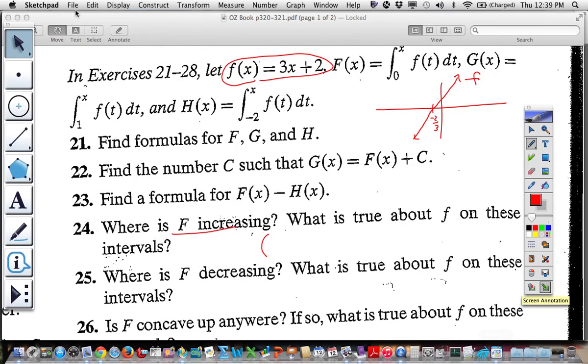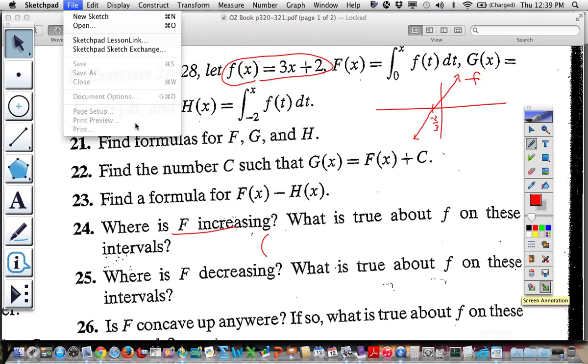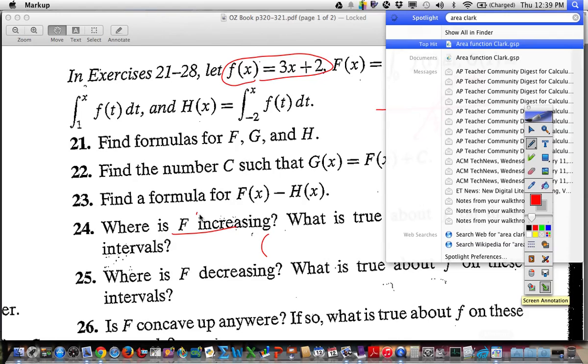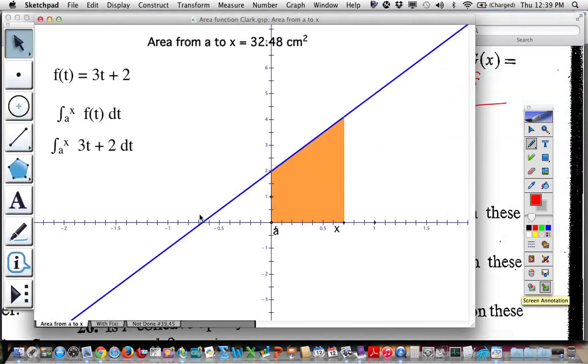But yesterday we had this, let's see. All right, yesterday we had this, here's the graph of 3x plus 2, and where does big F start? Left edge is what?